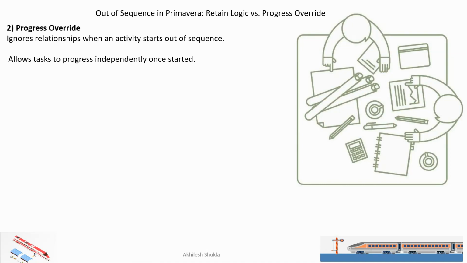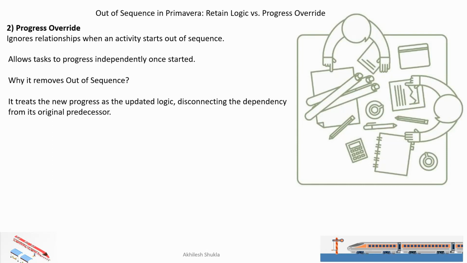Sometimes in a large program you are unable to see that many activities started at the same time, but you don't have the resources to complete those activities. So it will show a negative variation in the upcoming months. Why remove out of sequence? It treats new progress as updated logic, disconnecting the dependency from its original predecessor.